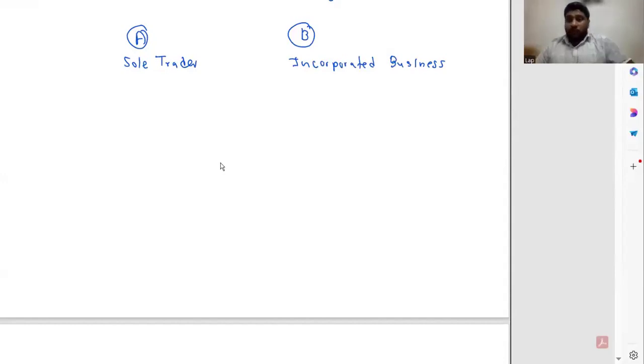Now we'll assume company A has taken a loan of 1 lakh from the commercial bank.